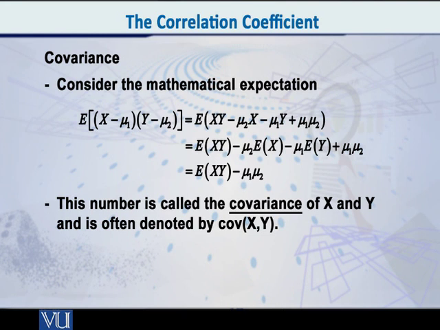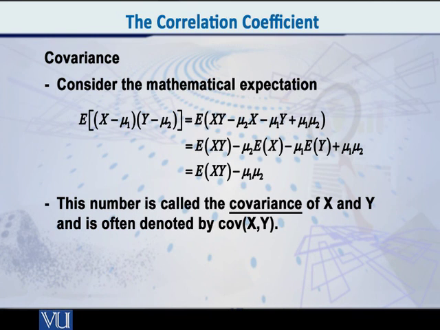So you saw that if both factors are X terms, then that is the variance of X; if both factors are Y terms, then that is the variance of Y. And in the covariance that I just presented to you, one of those factors is the one which has X and the other one is the one which has Y. So it's the covariance of X and Y. So let me say it again.